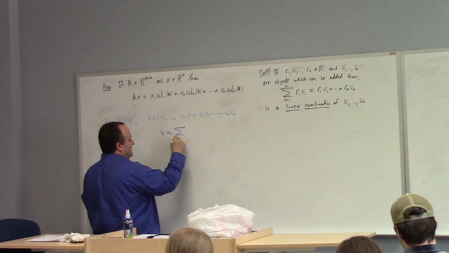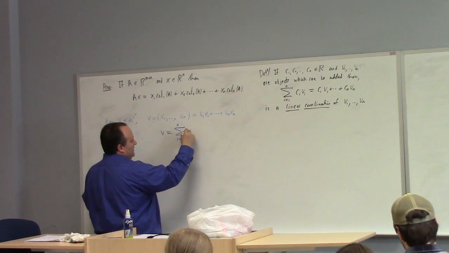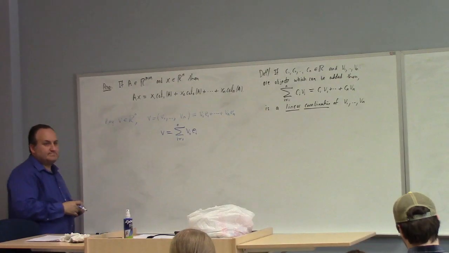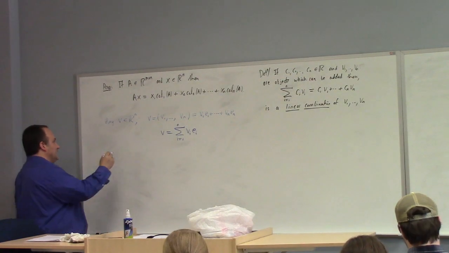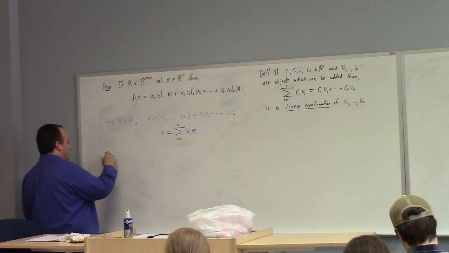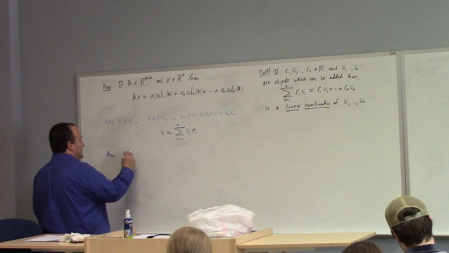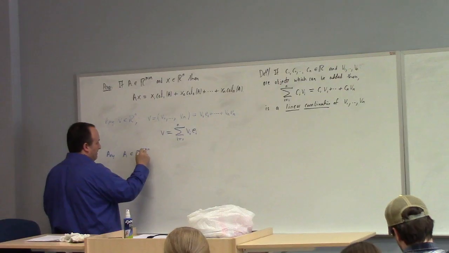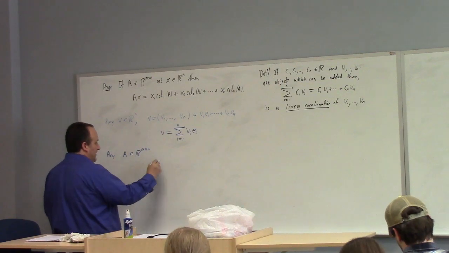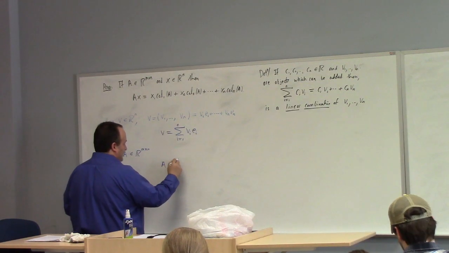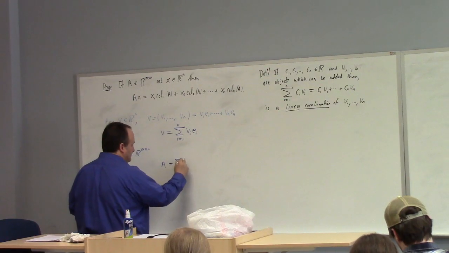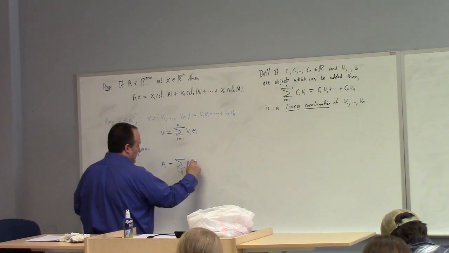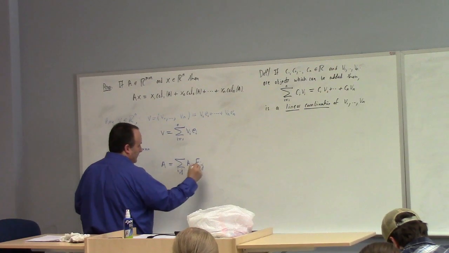So any vector is a linear combination, all right, of the standard basis. If we have any matrix A in, say, R^(m by n), right? We can write that A as a linear combination of its components times Eij.